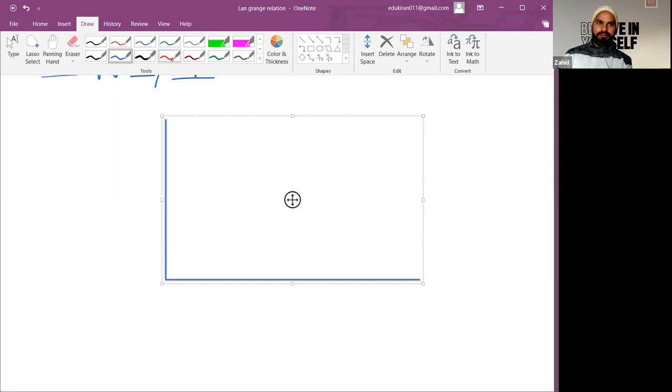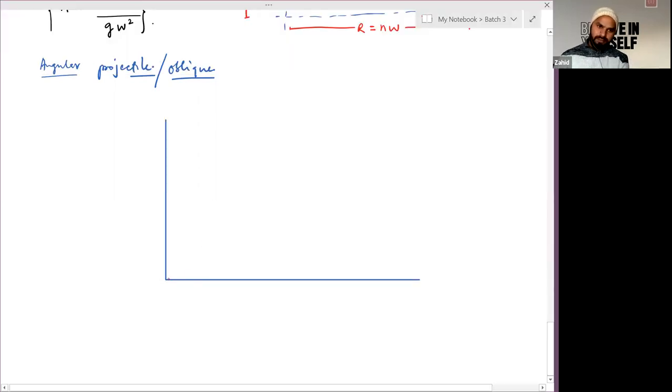Suppose a body is projected from ground along this path to reach at highest point and then return back to hit the ground. So it will have y component and x component.